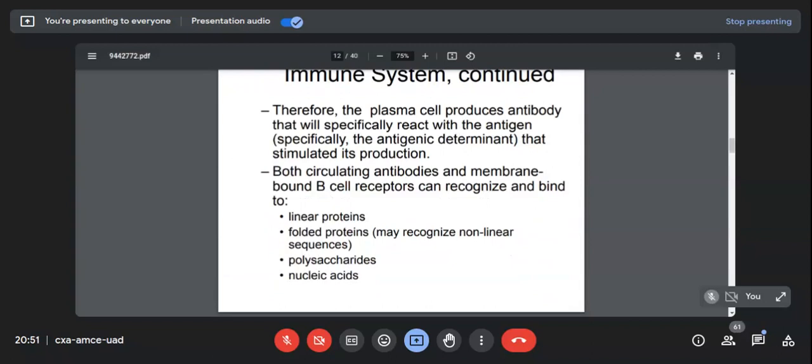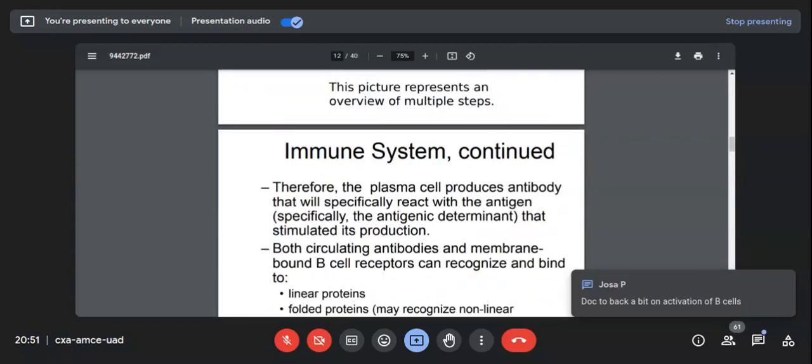So antigens usually are protein in nature. I hope you're getting that point. And if they're not protein in nature, they back off a bit on activation of B cells.